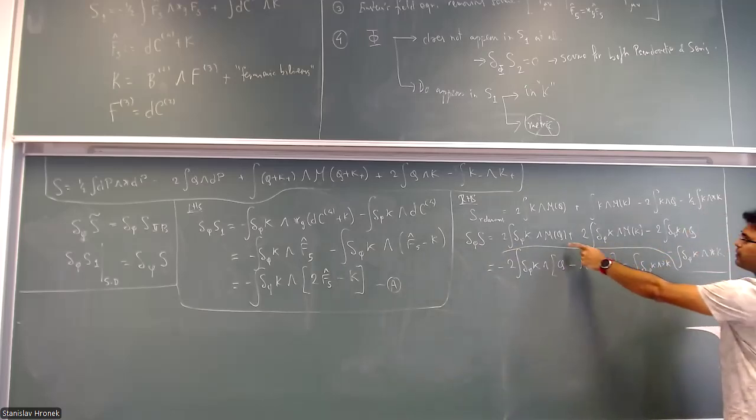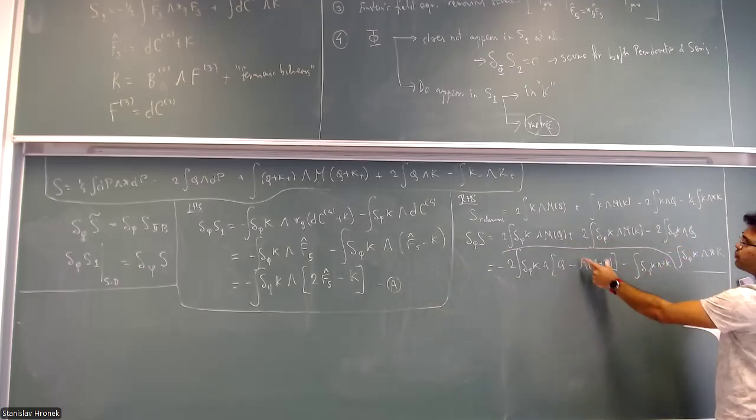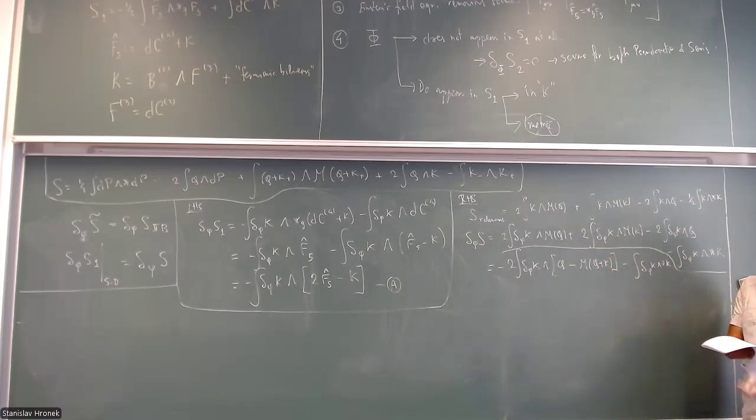So I just collected this and this together, and I used the fact that m of q plus m of k is the same as m of q plus k because it's a linear map. And this last term, for the time being, nothing has been done with it.